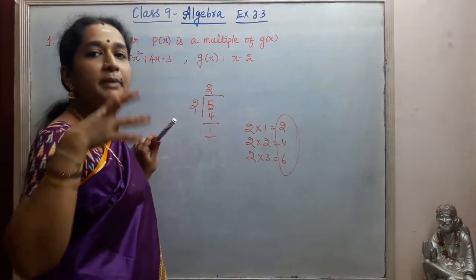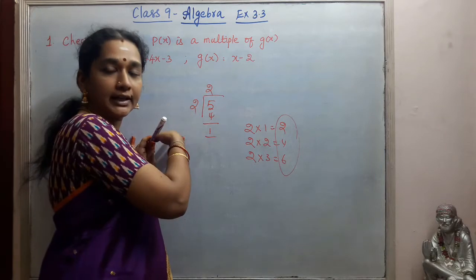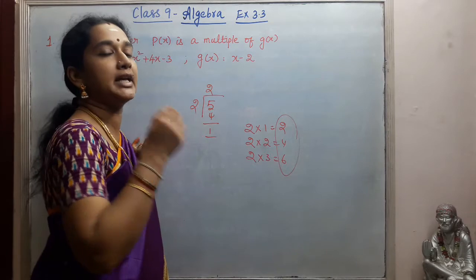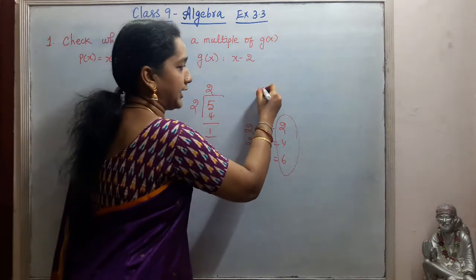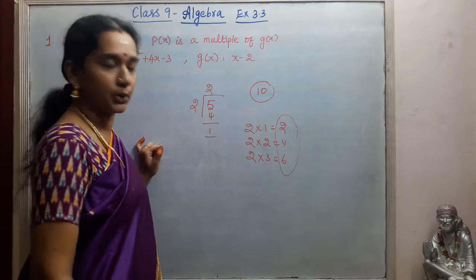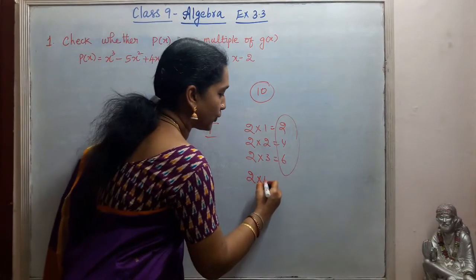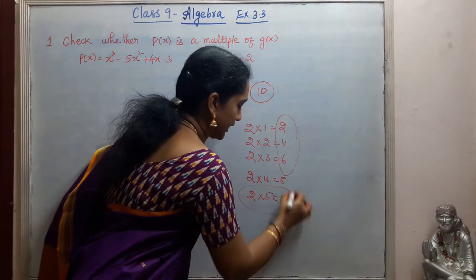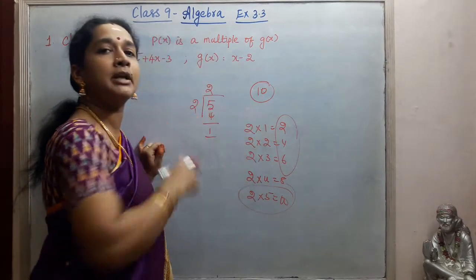If we take a bigger number, we divide it and check whether we are getting the remainder as 0. For example, 10. If we are asked to check whether 10 is a multiple of 2, 2 4s are 8 and then 2 5s are 10. So this 10 is a multiple of 2.